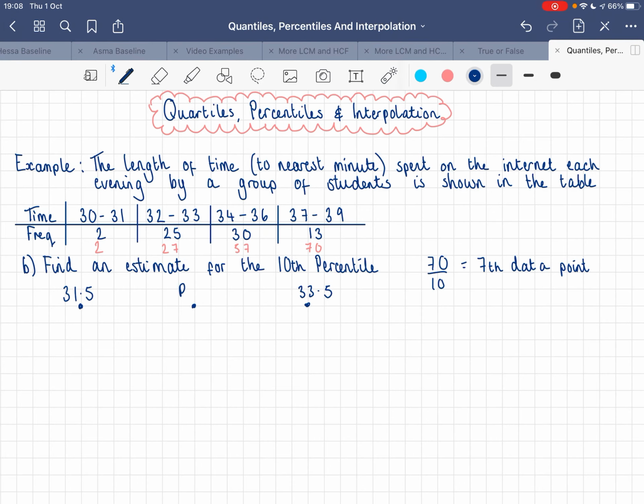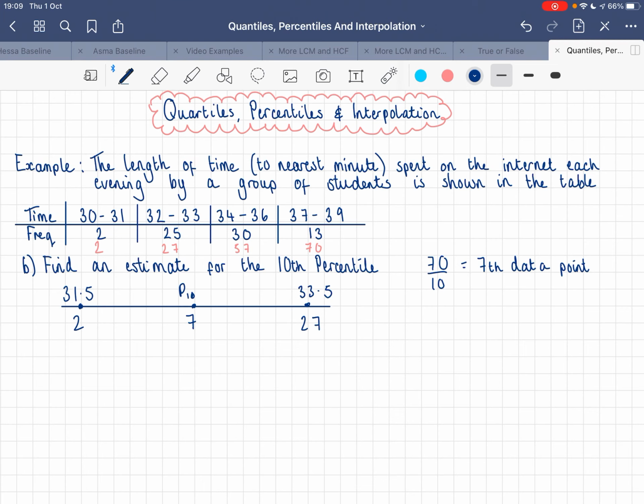We're interested in the 10th percentile, P10. Then again, look at the frequencies within that interval. It starts at 2, it ends at 27, and we're interested in the 7th data point. I'm going to put my line in just because I like it, makes me feel happy.